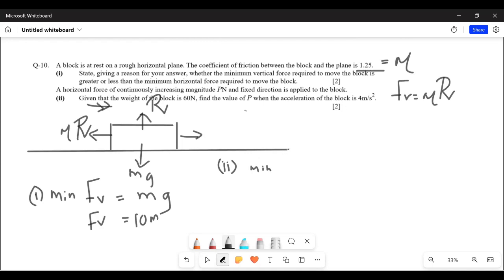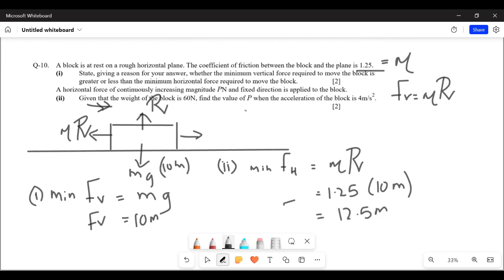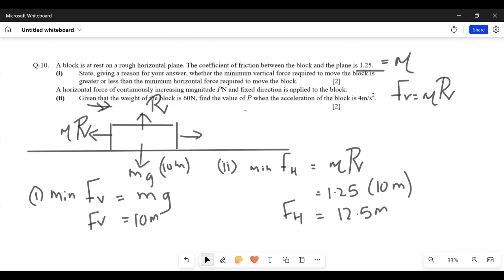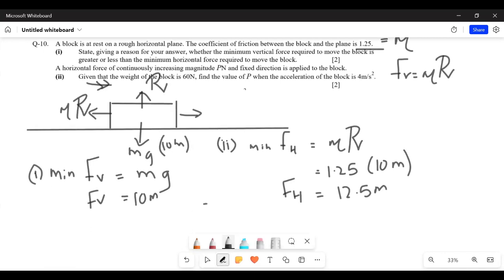Minimum horizontal force should be greater than mu R. So mu is 1.25 and R is again 10m, the normal contact force. So it's actually greater, it's 12.5m. So we can see that FH, the horizontal force needed to move the block, is greater than the vertical force needed to move the block.